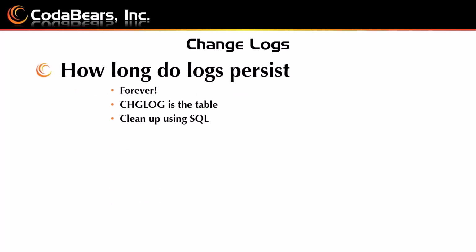So change logs. How long do they last? Well, forever, unless you do something. The table in SQL that is written to by the standard BPM change log process is called CHGLOG, and that can be cleaned up using SQL.